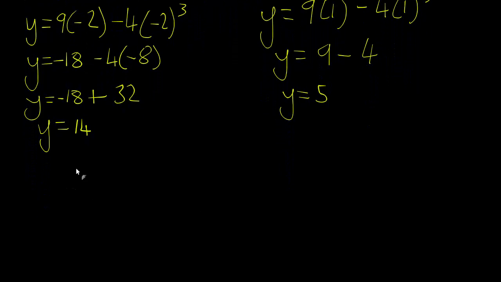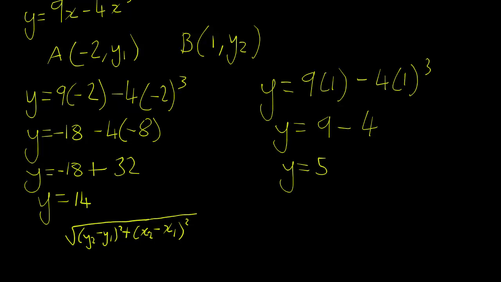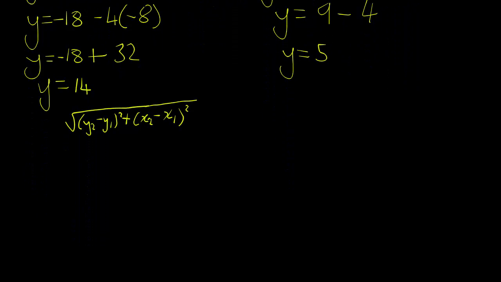So the equation for the distance between 2 points is the square root of y2 minus y1 squared plus x2 minus x1 squared, like that. So let's go for A as being our first value.